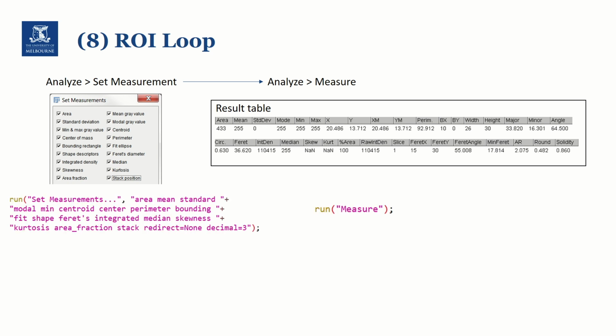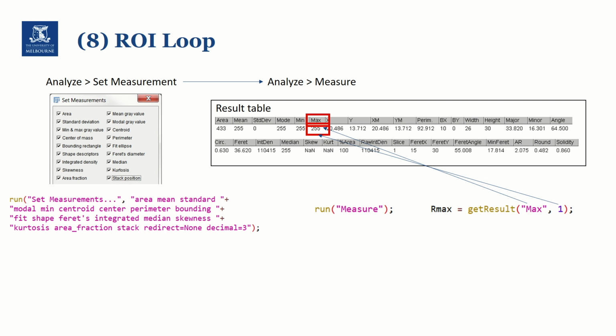And this will be the recording from this step, and it can be very long if we wanted to measure every type of measurement. And getting the value from the Results table is done using this getResult function, where we have to specify the heading of the measurement and its location in the current Results table.